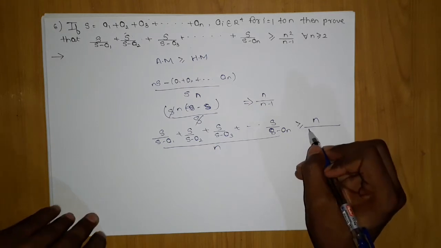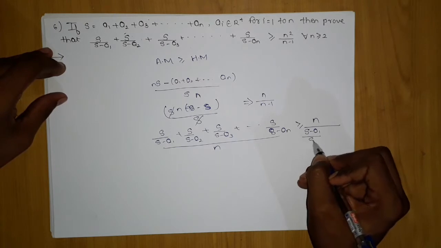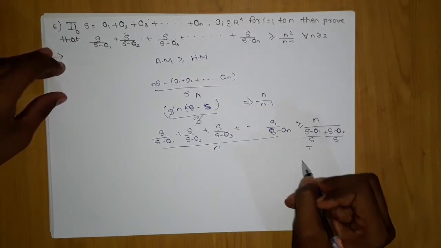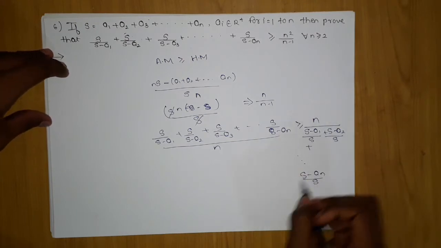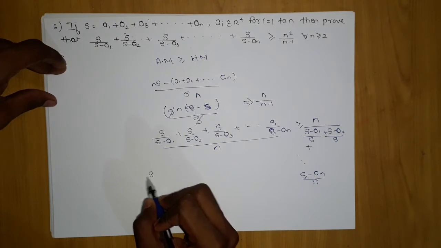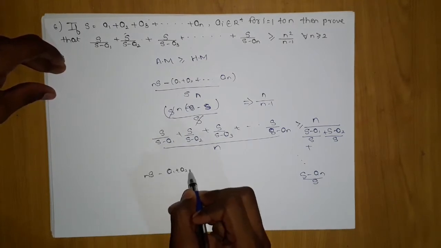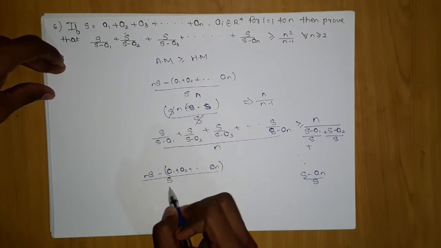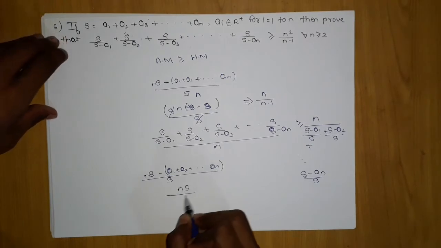If I invert this term, this will be (S minus a1) upon S, (S minus a2) upon S, and so on, (S minus an) upon S. Since the bases are the same, we can write nS minus (a1 plus a2 plus a3 till an) upon S. This S will move up, which will give me nS upon (nS minus S).